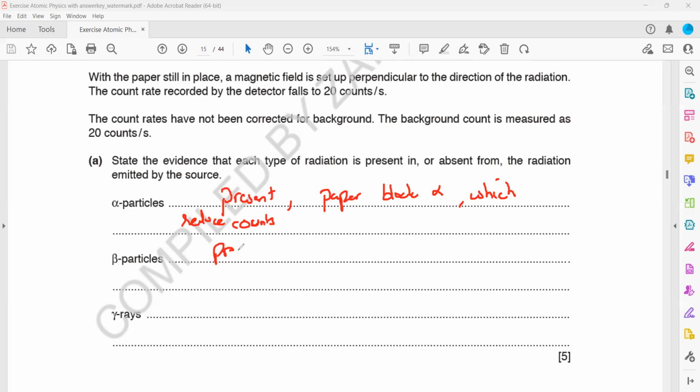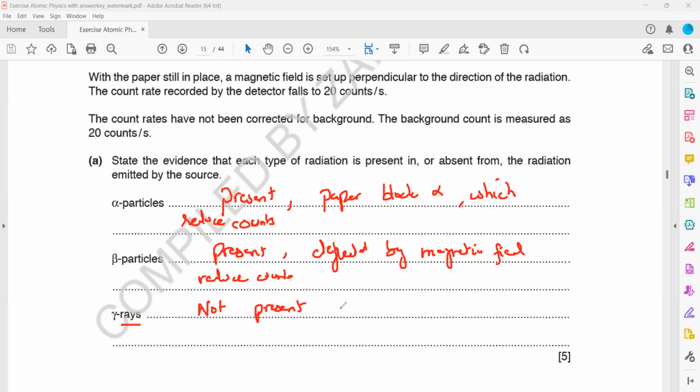Then beta is present because it is deflected by the magnetic field, and it also reduced the counts when the magnetic field was applied. But gamma is not present. And what is the evidence? Gamma is not present because the radiation with paper and a magnetic field is the same as the background.